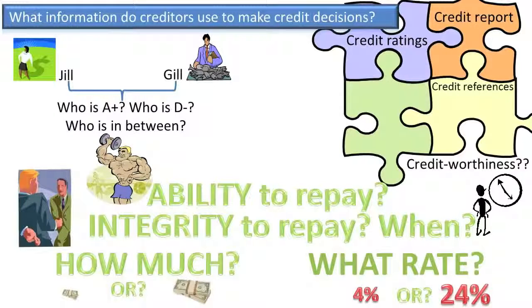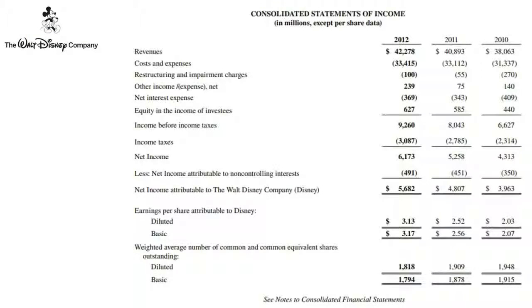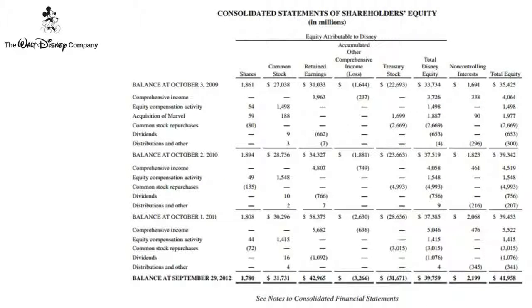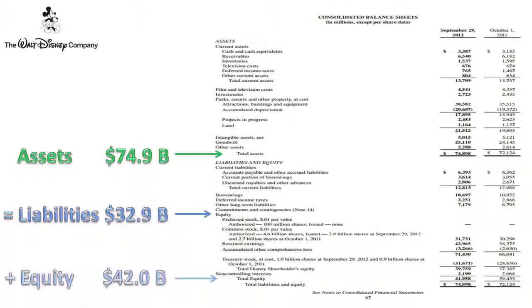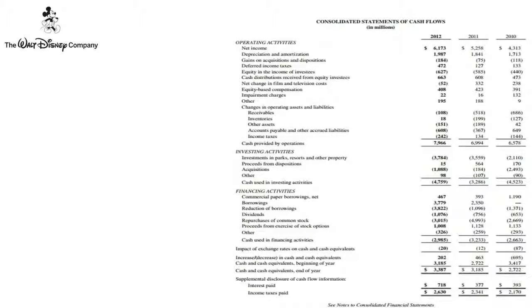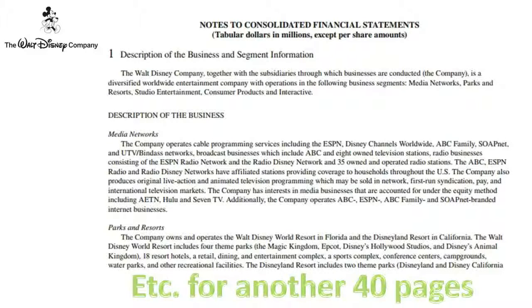An individual's credit references from others who have done business with the potential borrower. Information from the Better Business Bureau. Information available online using a search engine, Google, Bing, Yahoo. As well as the company's general purpose financial statements, which include income statement, statement of equity, balance sheet, statement of cash flows, and the related footnote disclosures.